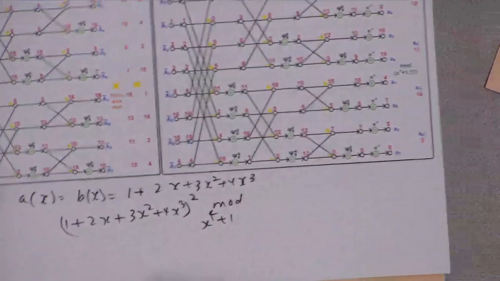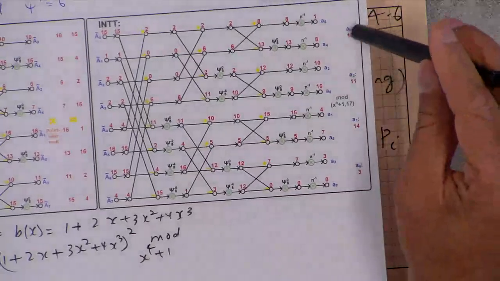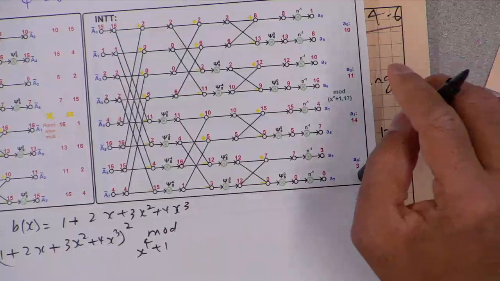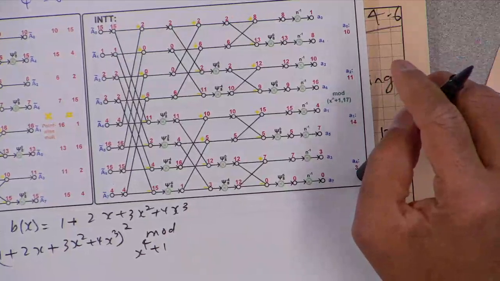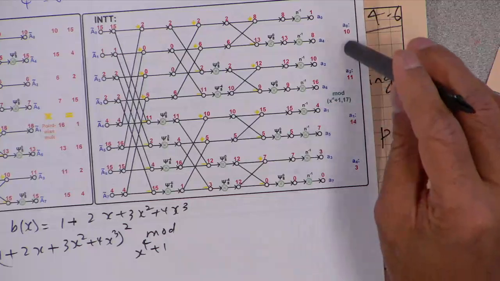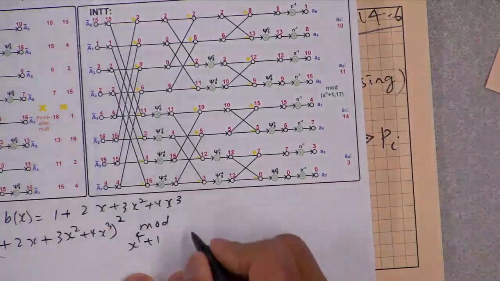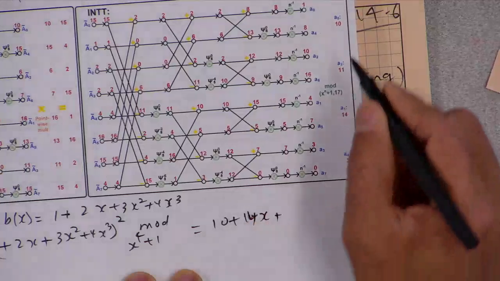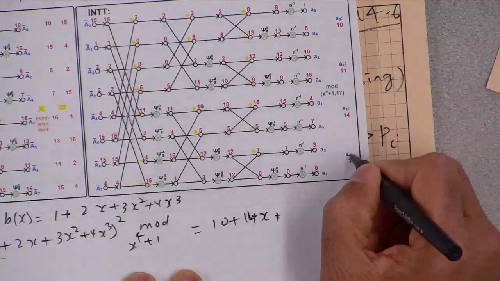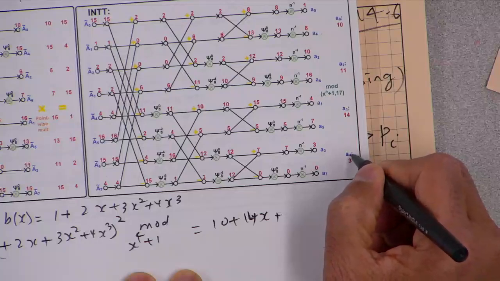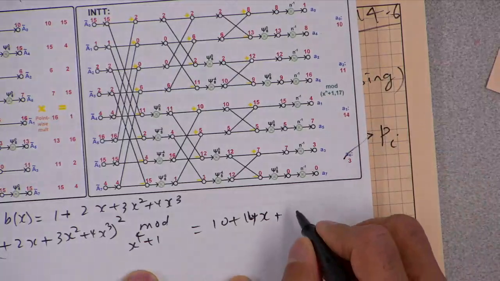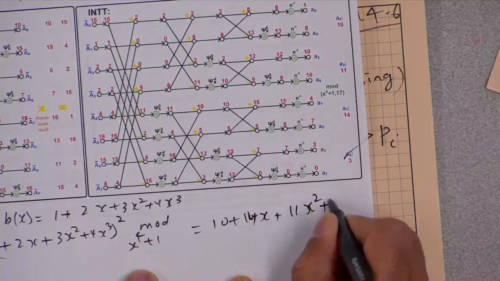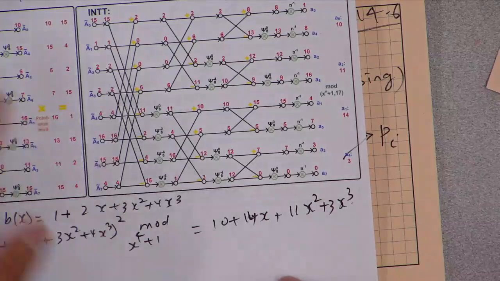And it looks like the final result would be 10 plus 11x plus 14x squared plus, no, this is A1, 10, so that result should be 10 plus 14x plus A0, A1, A2. This should be a 3, not a 4. 10 plus 14x plus 11x squared plus 3x cubed. Okay, so that's what it should be.